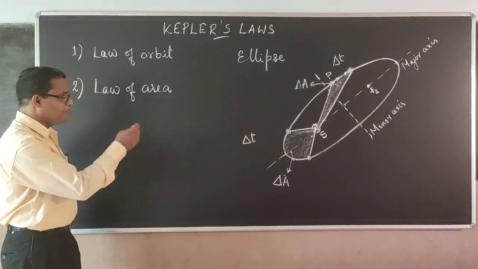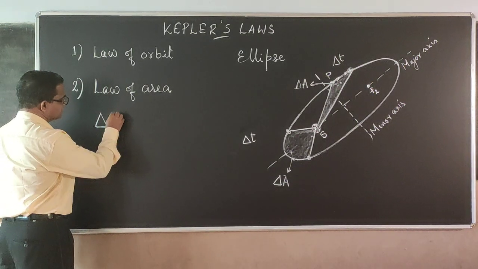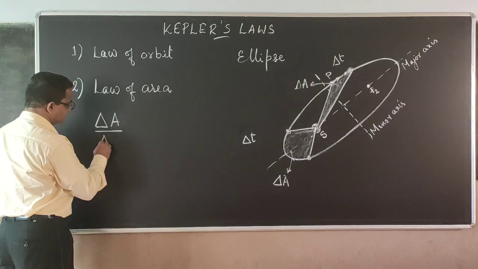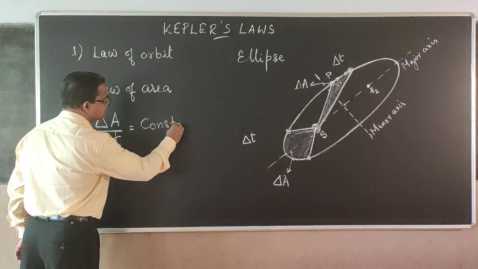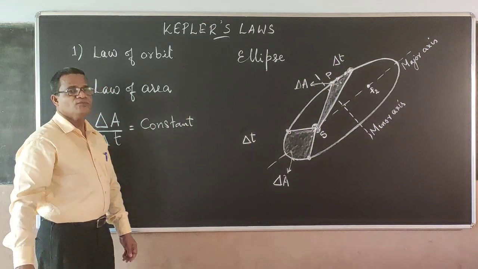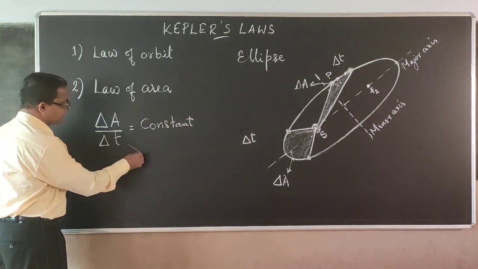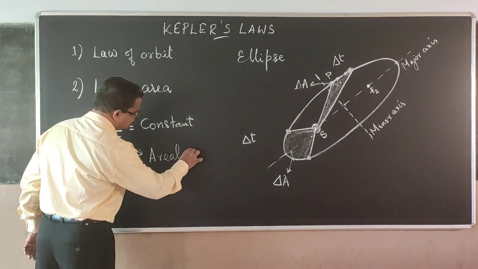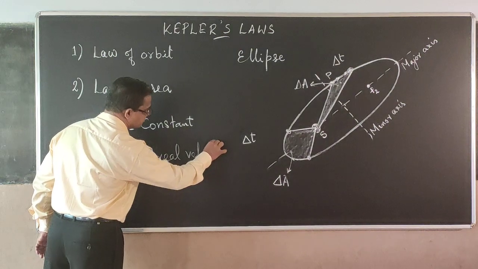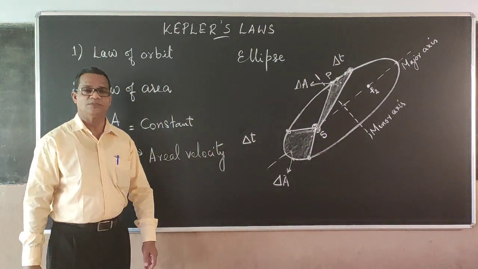Now, based on this fact, we can define a quantity that is delta A by delta t, which remains a constant for the planet, and this particular quantity is called areal velocity of the planet around the sun.